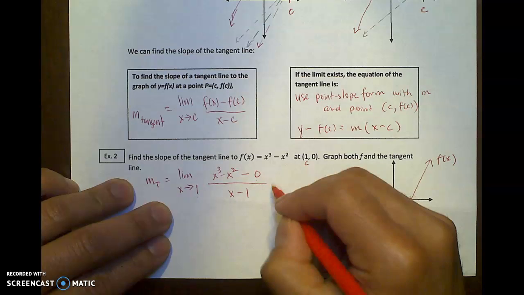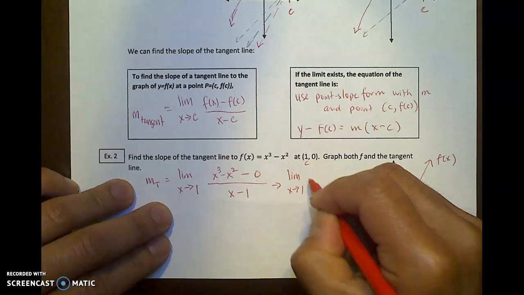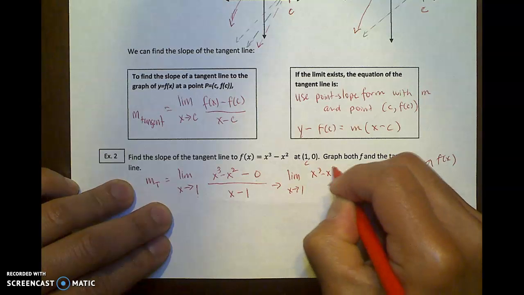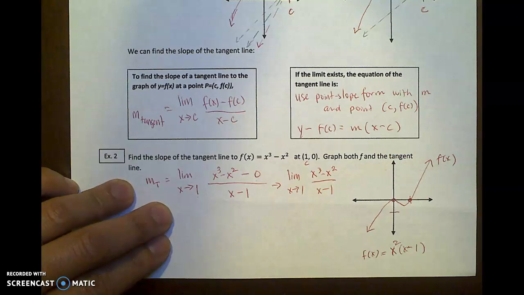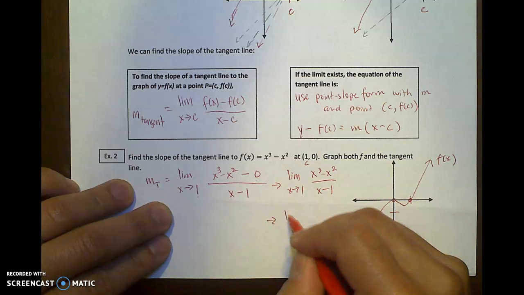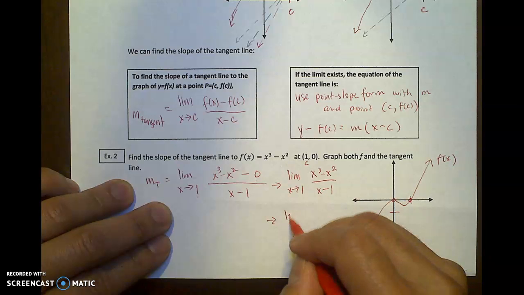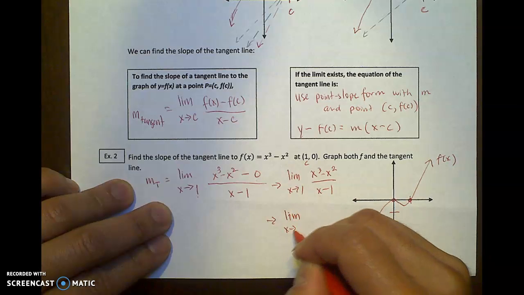Let's simplify this a little bit. Now I have the limit as x approaches 1 of x cubed minus x squared over x minus 1. Here we're finding the limit of a rational function. We're going to do some factoring because I can't just plug in 1, as that would make my function undefined.